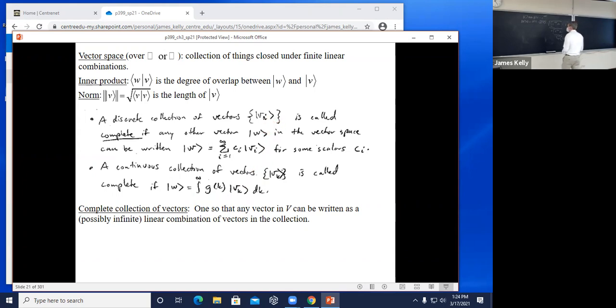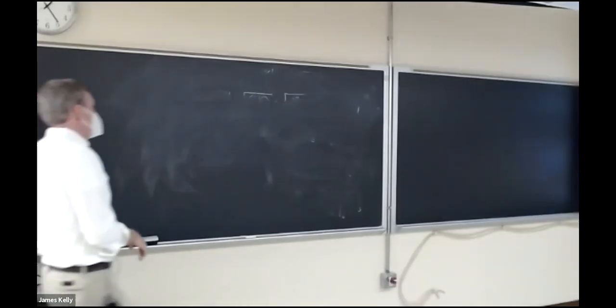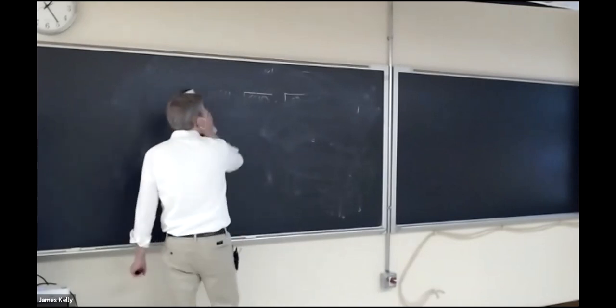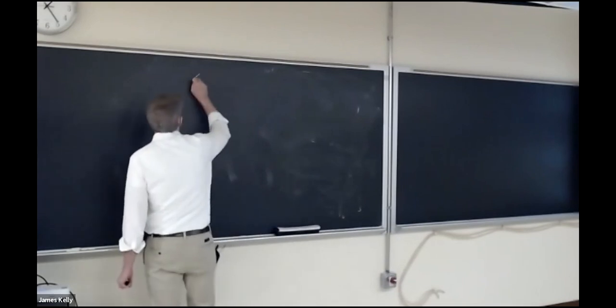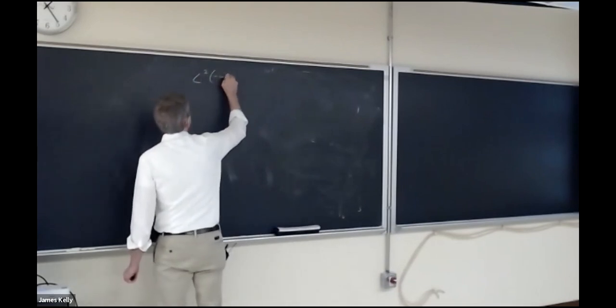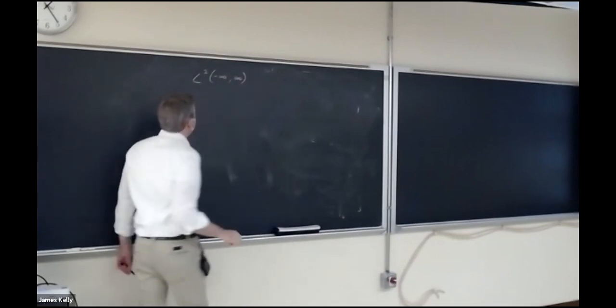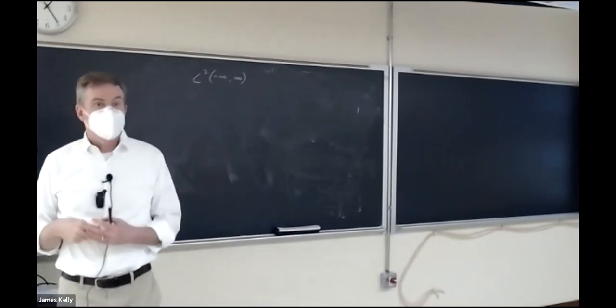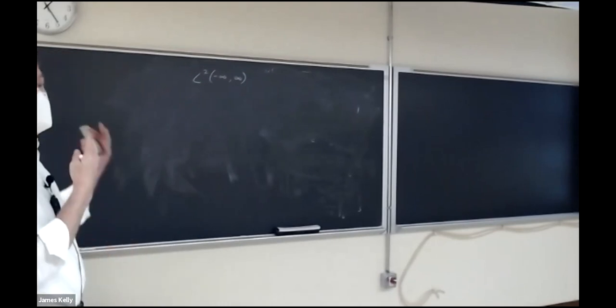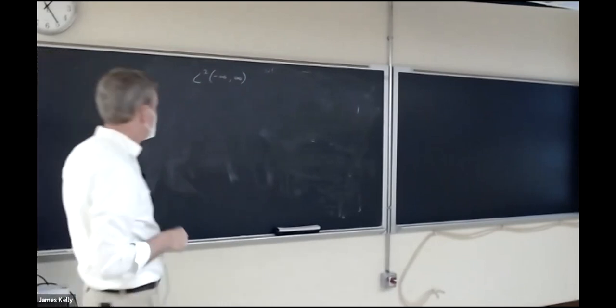So let me just write some things on the board here. I'll unshare for a second just to make sure it makes it in the video. I might say my vector space is going to be the one we've called capital L2 of minus infinity to infinity. That means the set of all square integrable functions on minus infinity to infinity. In other words, they're normalizable functions.